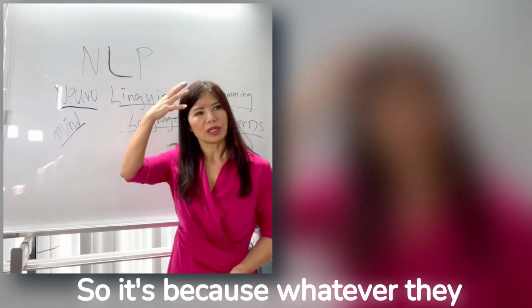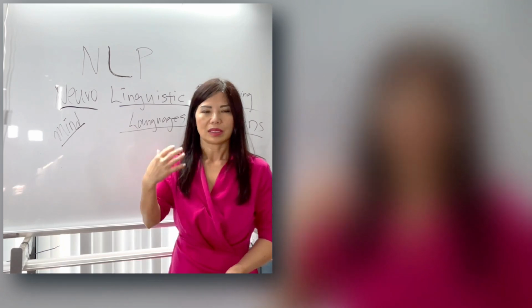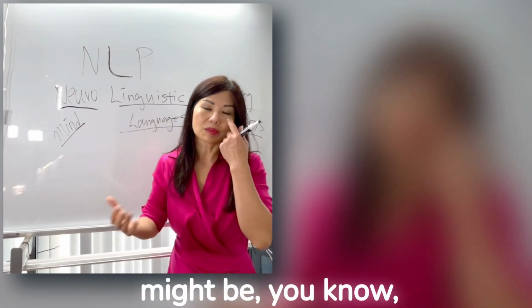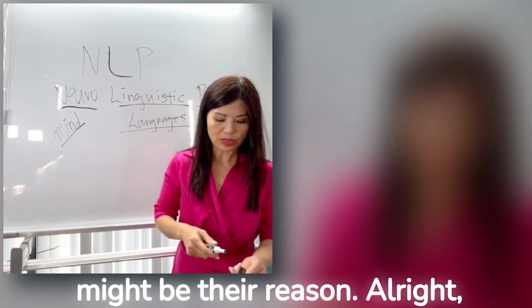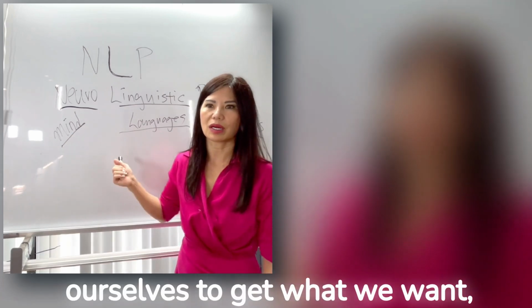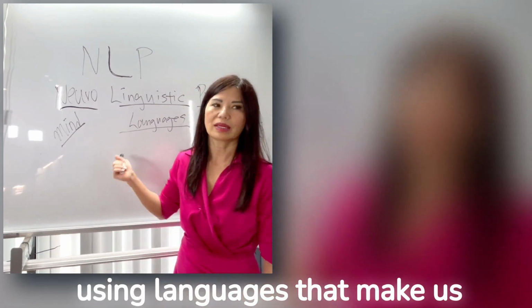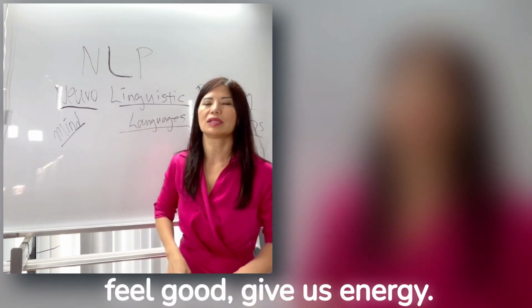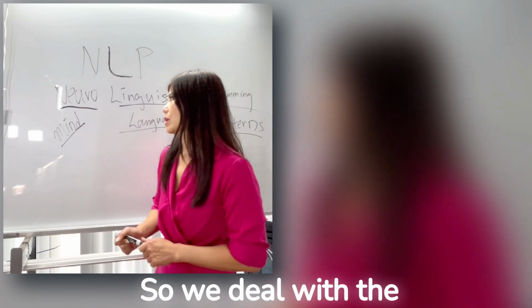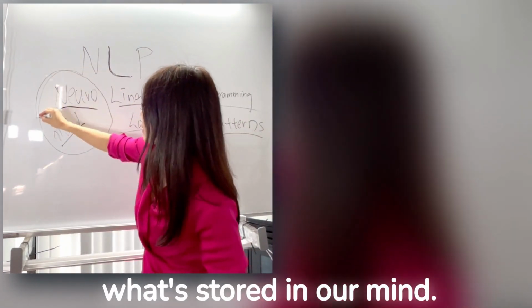It's because of whatever they communicate with their own mind. So how we communicate with ourselves to get what we want, using languages that make us feel good and give us energy. So we deal with the mental aspect, what's stored in our mind.